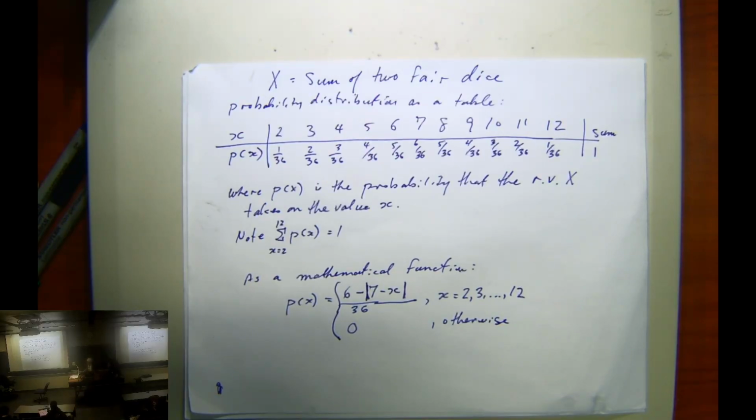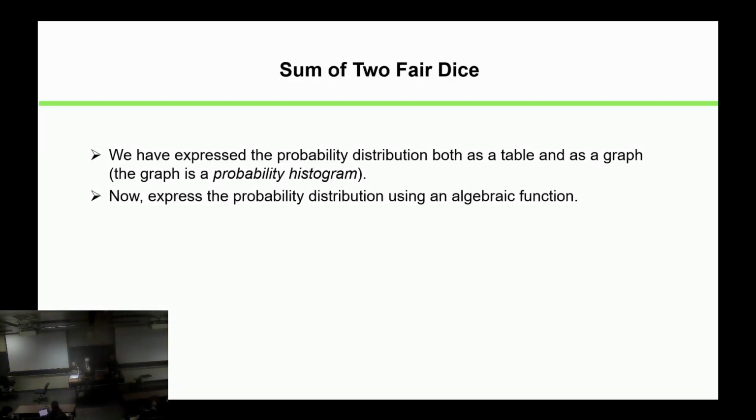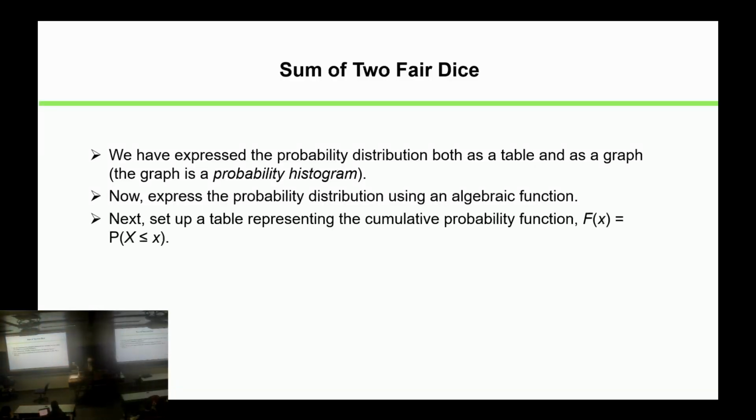Okay, what's next? Well, I've got to go back to the slides. Okay, back to the slides. Okay, so the next one we're going to introduce, and this is a very important idea, the idea of the cumulative probability function, or we often call it the cumulative distribution function. Okay, these are interchangeable.